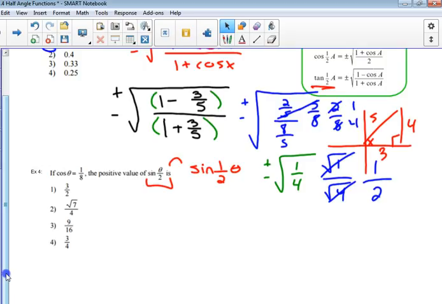Okay, now where do you get cosine? Yeah, so this right here is your cosine. Now to simplify it, like Brandon, this is this.